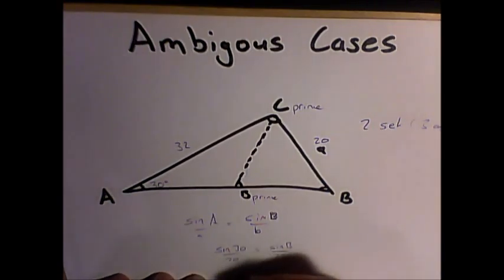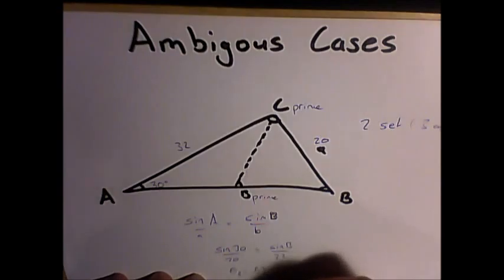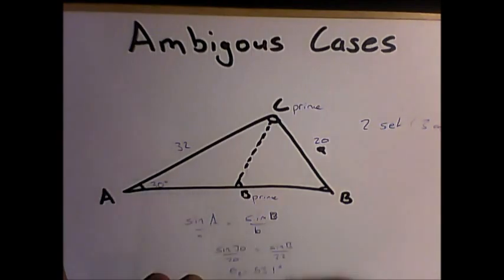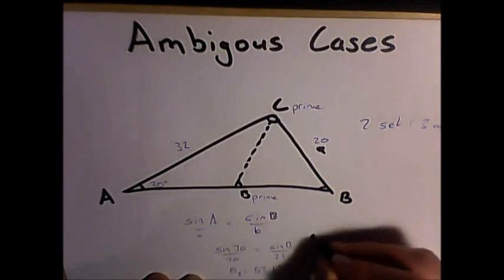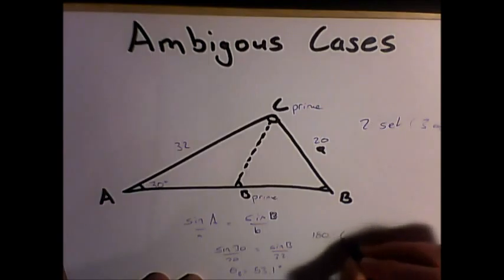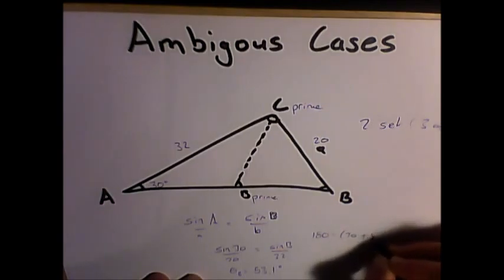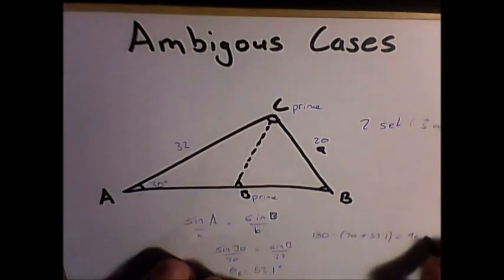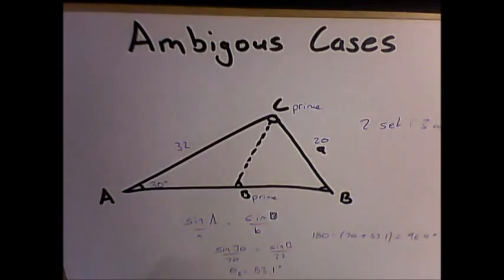So we find theta B to be equal to 53.1 degrees. Now we also know that all the angles of a triangle add up to 180 degrees, so 180 minus (30 plus 53.1) is equal to 96.9 degrees.